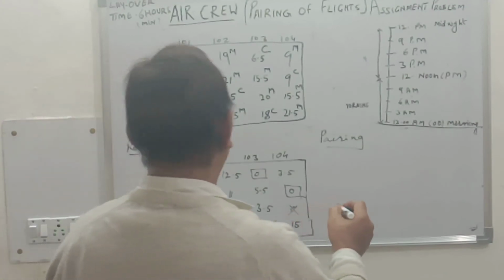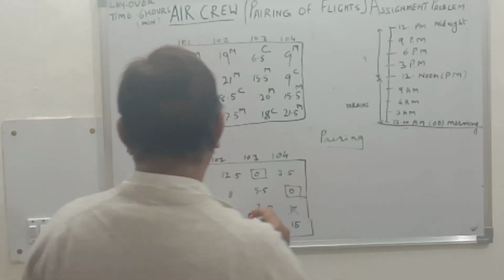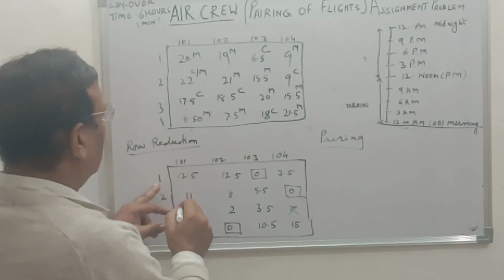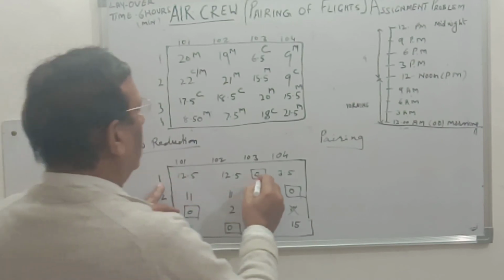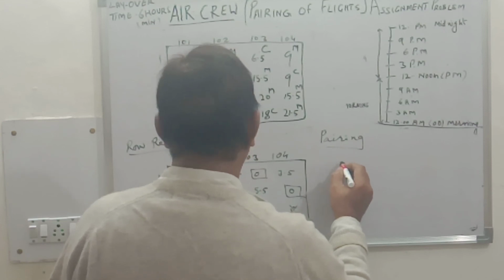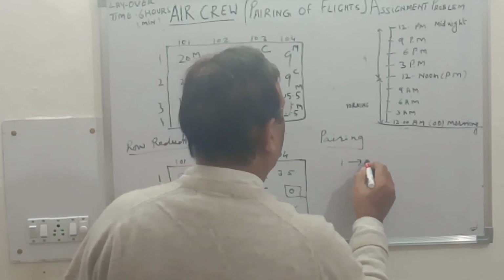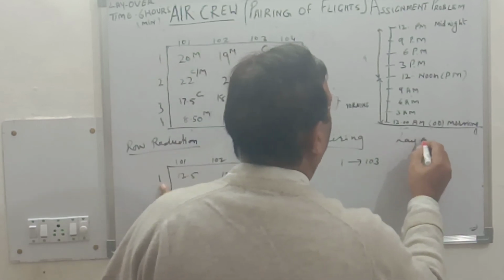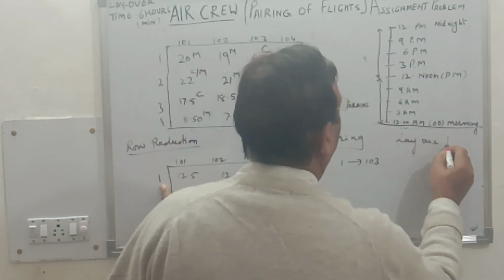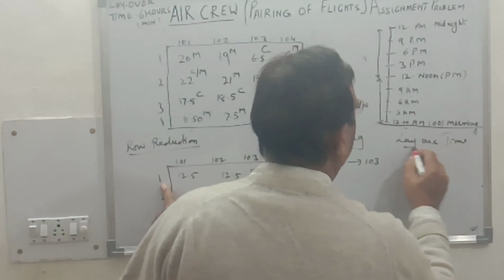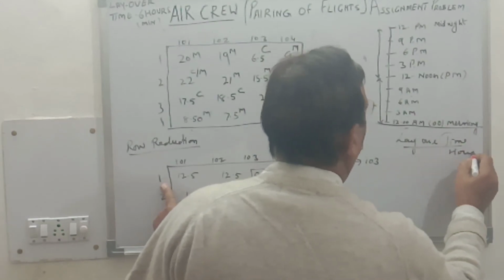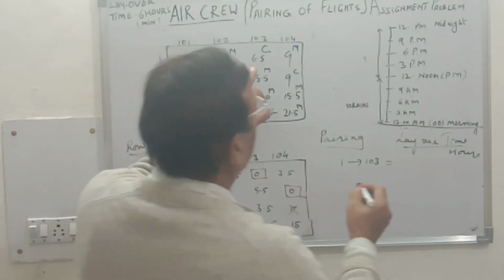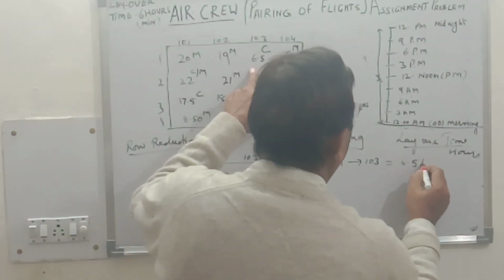So the pairing of flights is: the crewman should go by first flight and come back by 103 flight, 1 to 103, and their layover time in hours will be 6.5 hours.